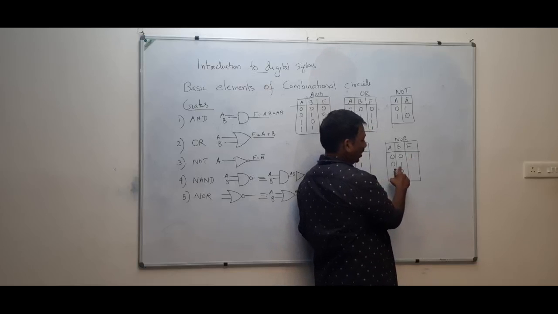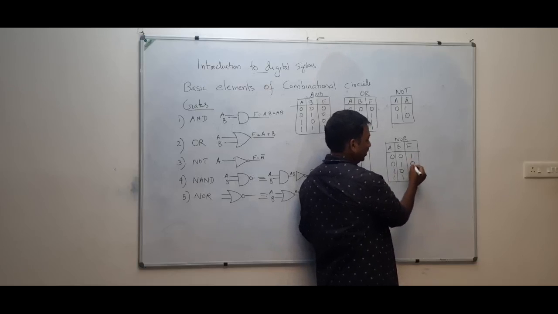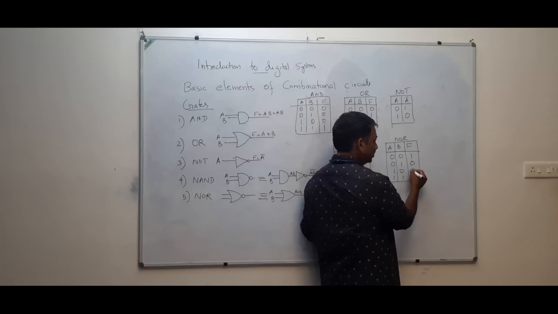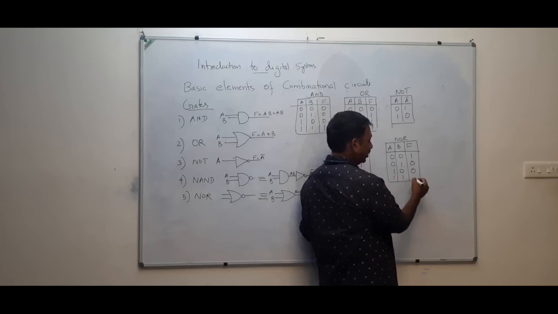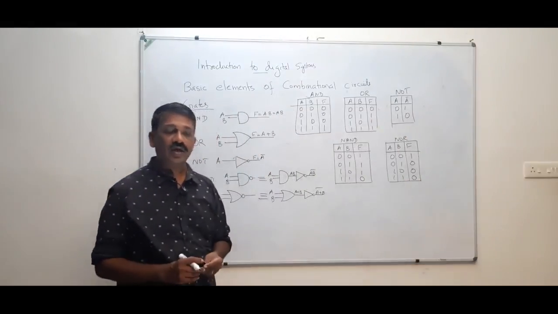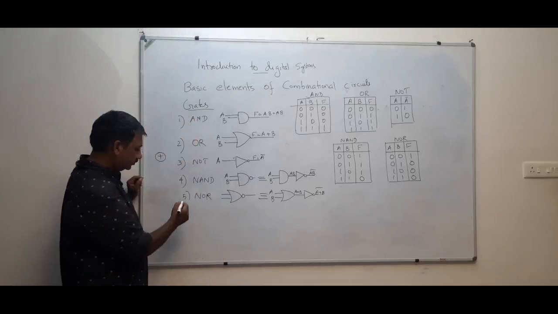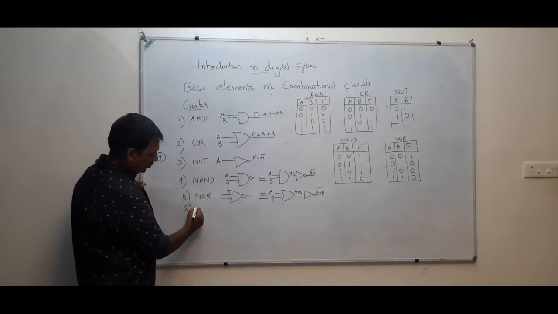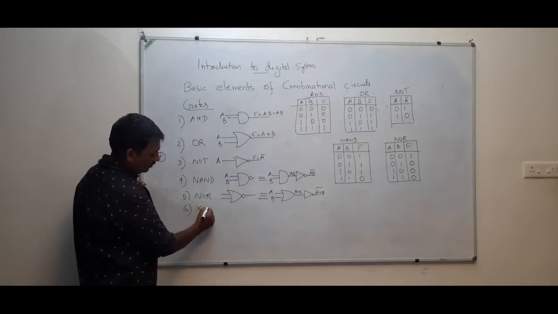Here 0 or 1 is 1 and take the complement, that is 0. 1 or 0 is 1 and take the complement, that is 0. 1 or 1 is 1 and take the complement, that is 0. So this is the truth table for the NOR gate.